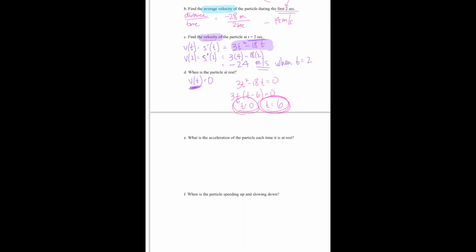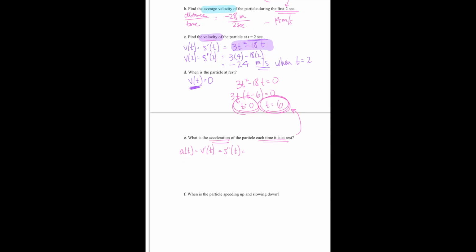Okay, so now it's asking what is the acceleration of the particle each time it's at rest. Keep in mind, we just figured out it's at rest at these 2 times. Okay, so let's figure out what acceleration is. Acceleration is the first derivative of velocity or the second derivative of position.